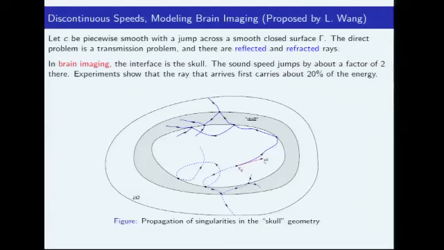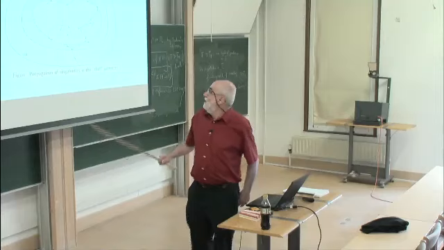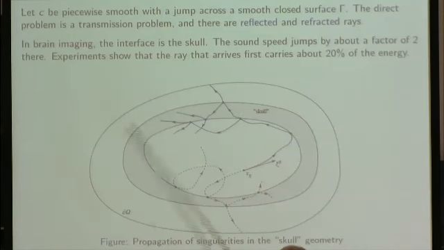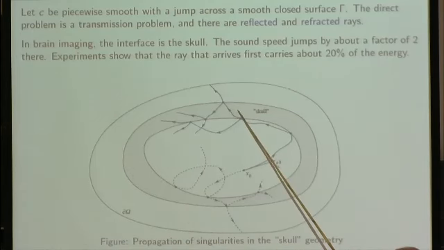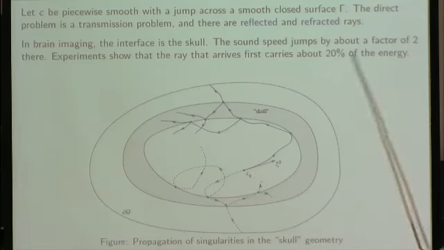So you have the skull here. This is the boundary, and you're making the measurements here, right? And so you have this part of the brain that has a very different speed than the speed of the rest of the brain, by a factor of 2. And so the question is, what happens in this case?